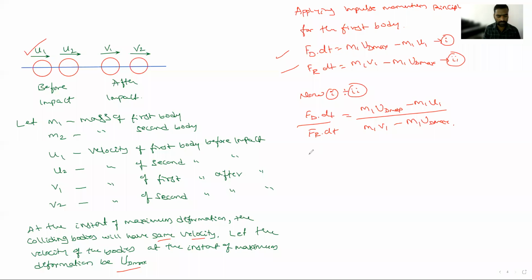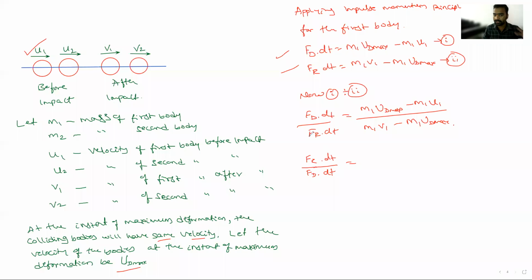So this can also be written as fr into dt divided by fd into dt is equal to, so m1 I will take the numerator outside and the m1 in the denominator also outside.